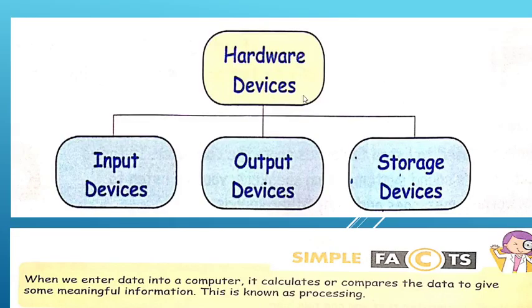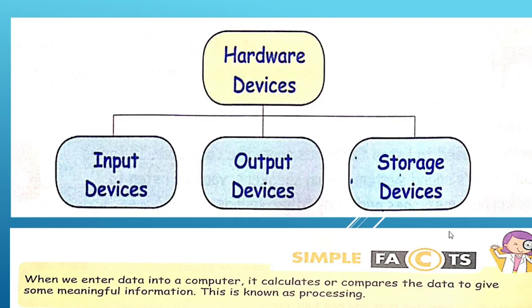So these hardware devices, as I said, the input device, when we type something or give some information to the computer, the CPU processes it, and it gives some information as an output or result on the computer monitor or screen.